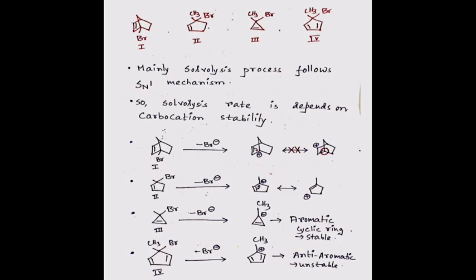So the main order is 3 greater than 2, greater than 1, and the least one is compound 4. So this is the order, and this is a very important question.